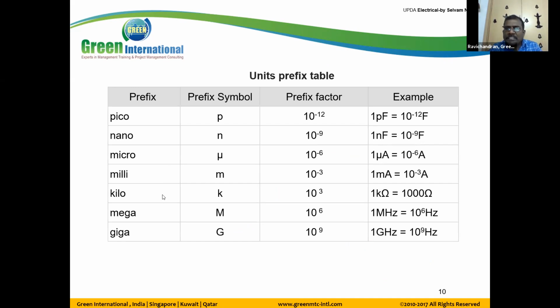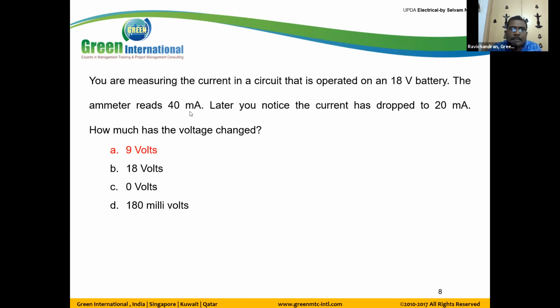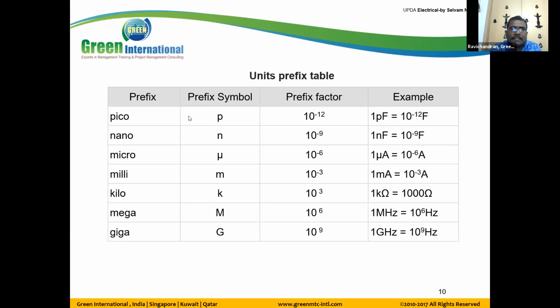In our exam, the question papers mention milliamps like this. So we must remember the prefix table: milli, kilo, mega, giga.